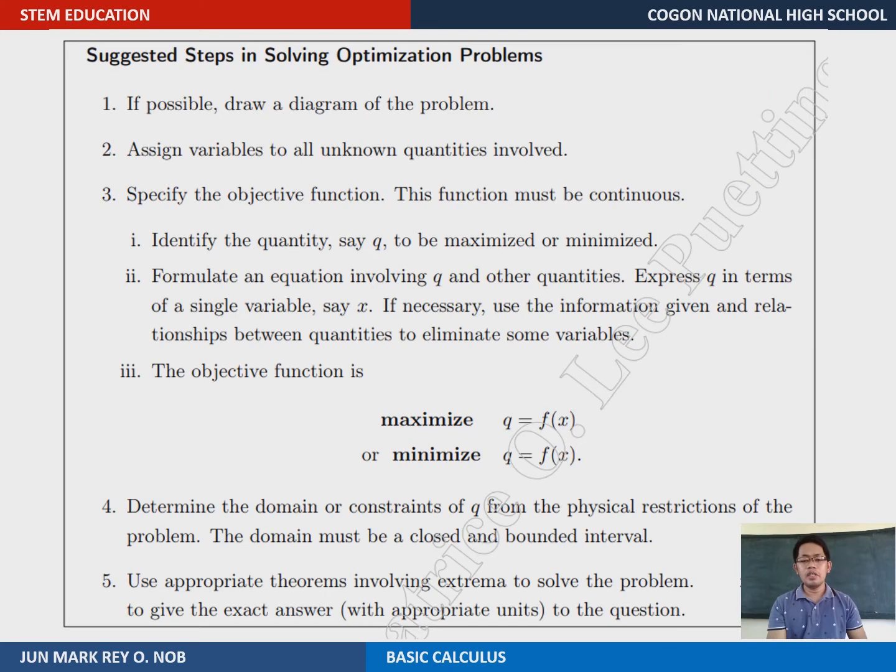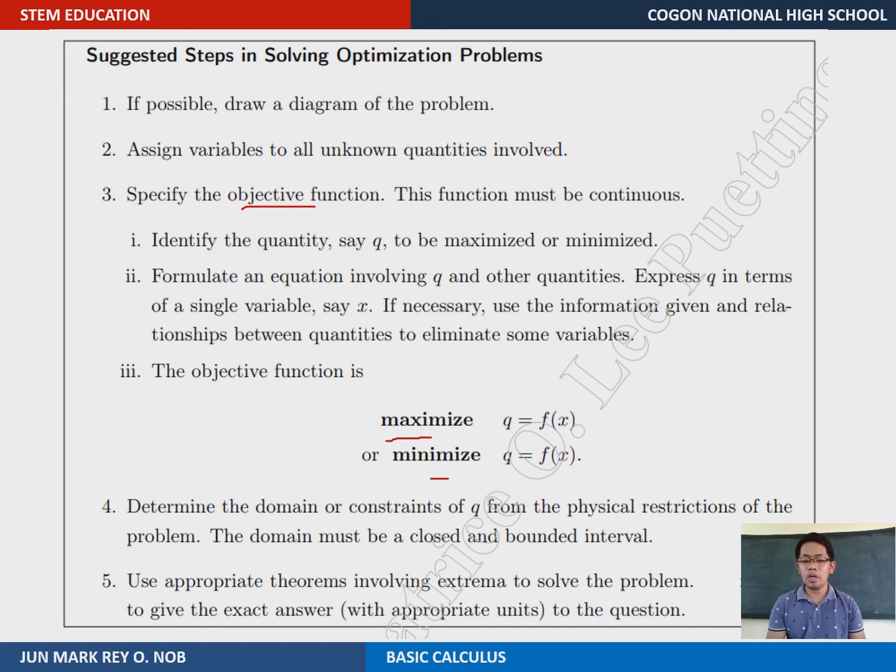Now, these are the suggested steps in solving optimization problems. Number 1, if possible, draw a diagram to represent the problem. Number 2, assign variables to unknown quantities. Normally we use x and y if you have two quantities. And then we specify the objective function, which must be continuous in the very first place, and then we try to identify if our objective function is to be maximized or minimized.